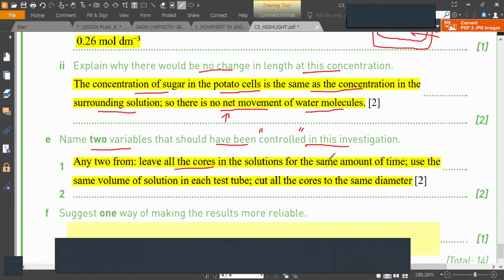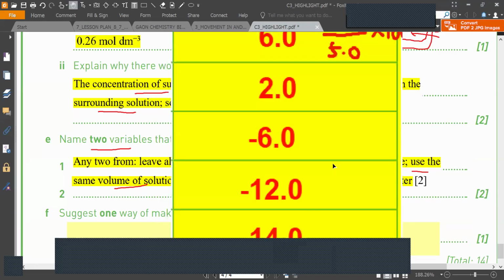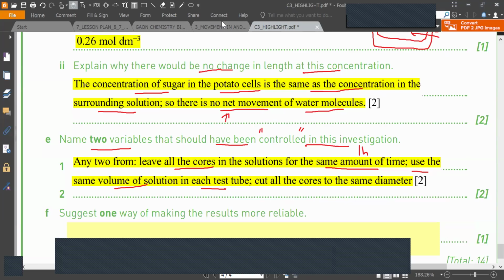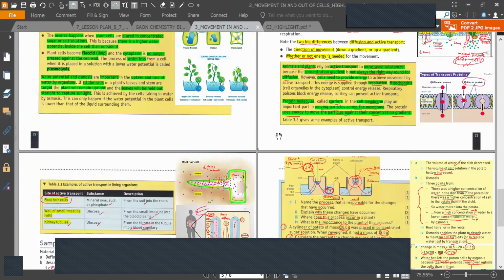So leave all cores for the same amount of time, 1 hour. Use the same volume of solution in each test tube, like just now, we saw the test tube. It must be the same.